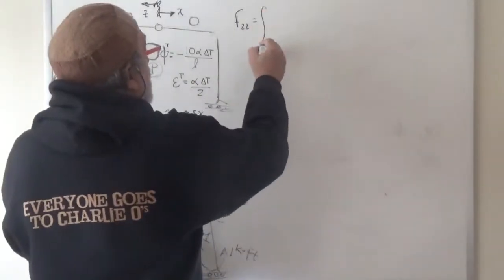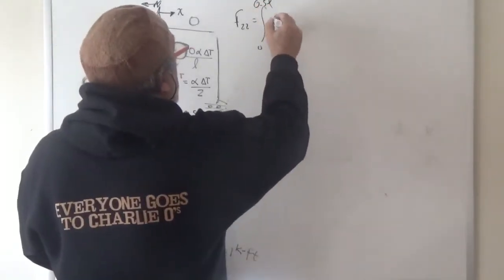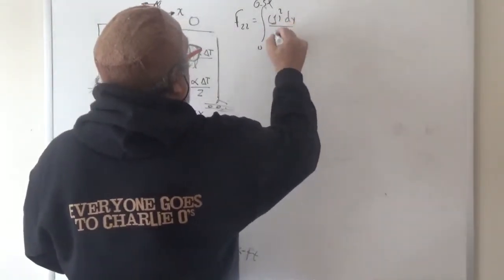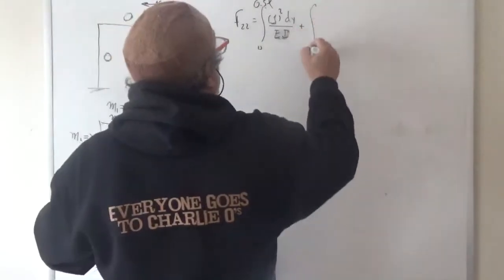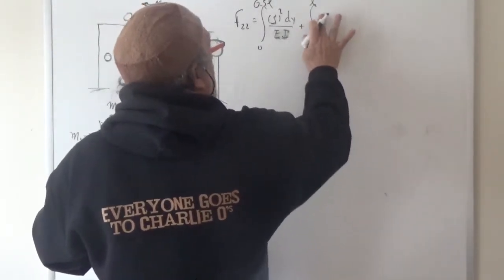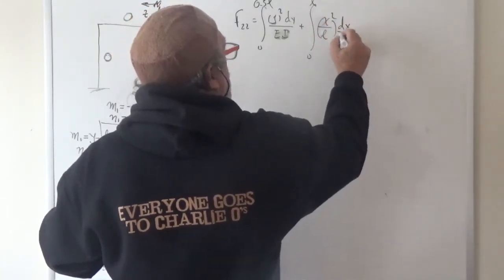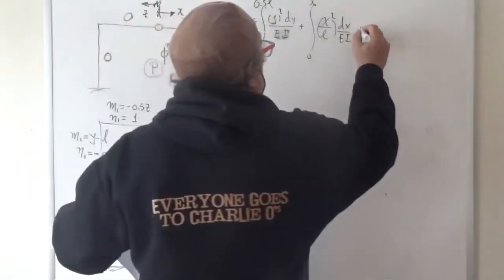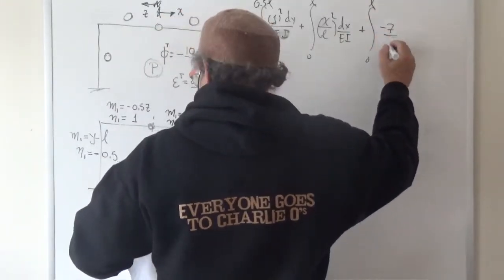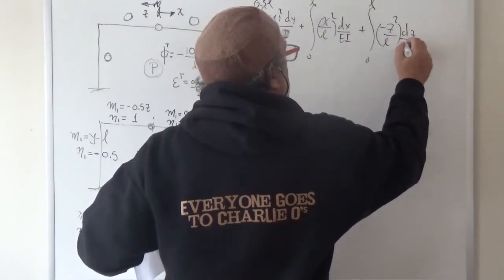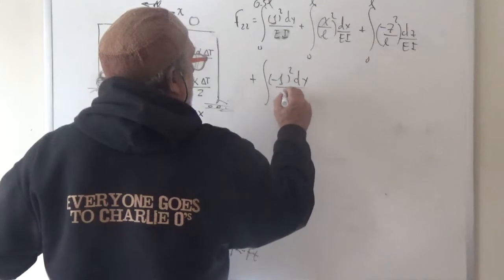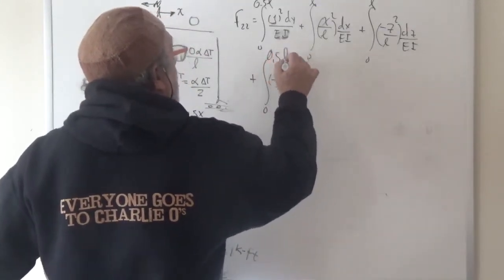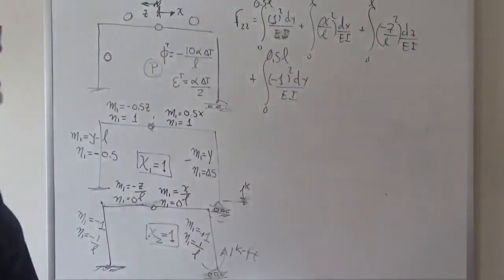So we begin here, the integral from 0 to 0.5 L of 1 squared dy over EI, plus the integral from 0 to L of x over L squared dx over EI, that's 2, plus the integral from 0 to L of minus z over L squared dz over EI, plus the integral of minus 1 squared dy over EI from 0 to 0.5 L. Obviously this is the same as that, so I could have written just twice, but I'm just putting it down for perhaps unnecessary clarity.